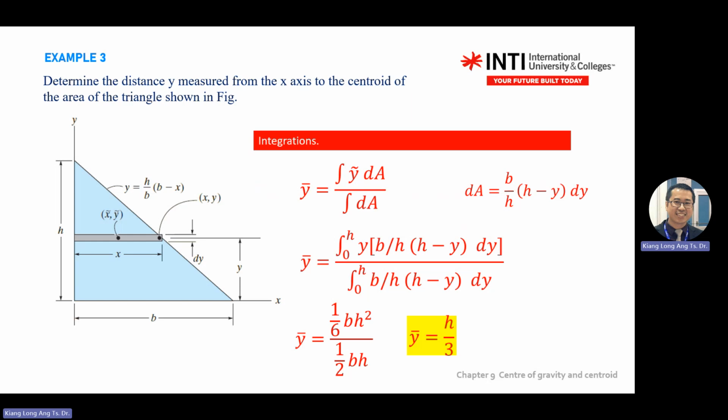So it tells you to determine the distance y measured from the x-axis to the centroid. That's why when you measure from the x-axis, x-axis is here, you are actually calculating y bar.